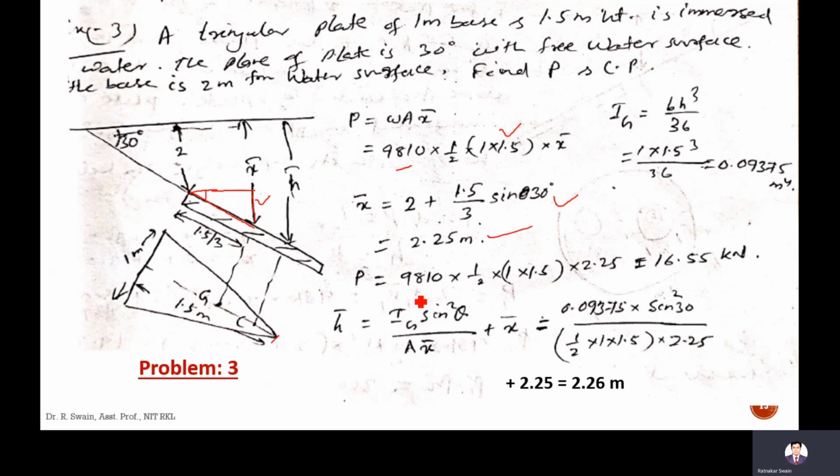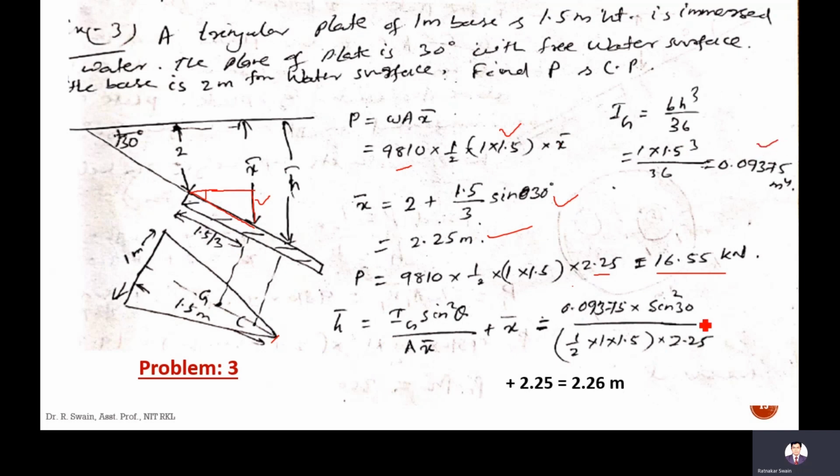Total pressure will be here 9810 into area, that is half into 1 into 1.5, into the x bar 2.25. Total will give you 16.55 kilonewton. So h bar, that is the center of pressure, is Ig sin square theta divided by A x bar plus x bar. Ig is bh cubed by 36.